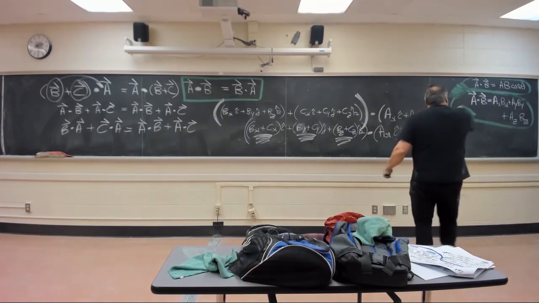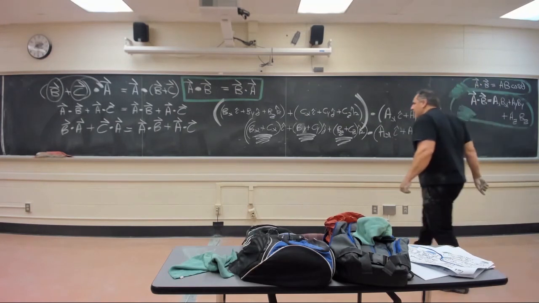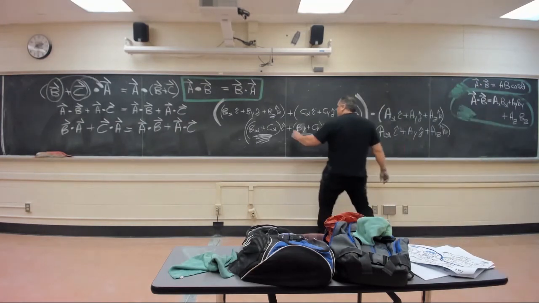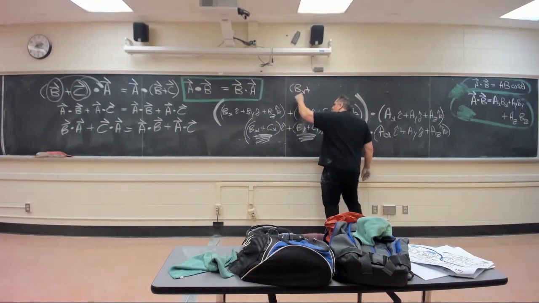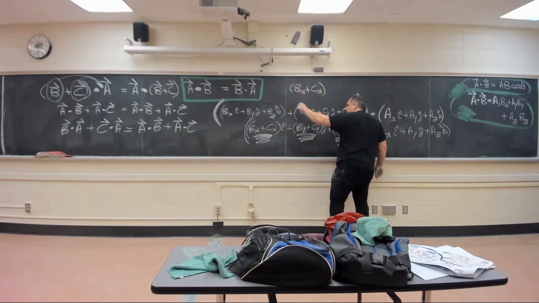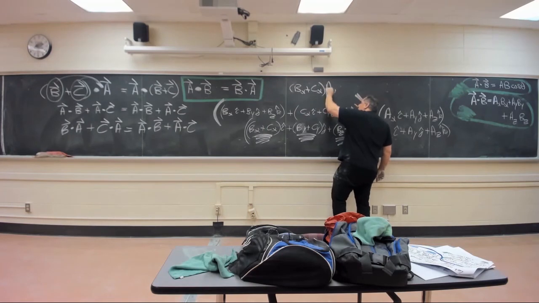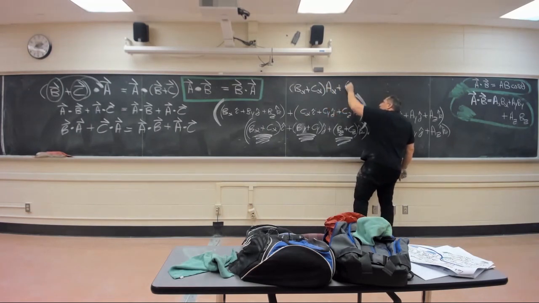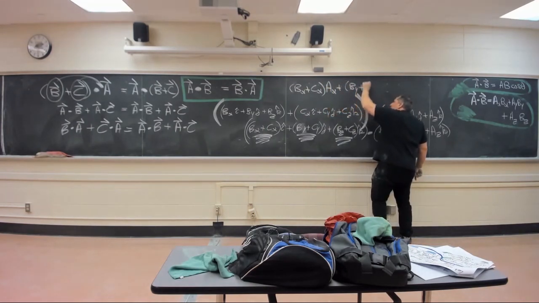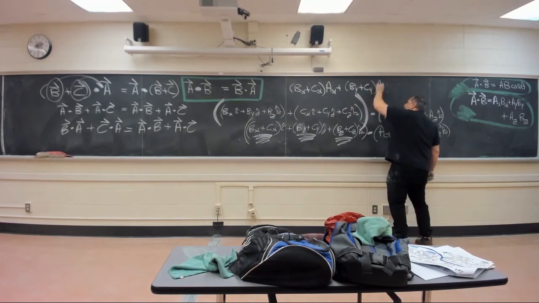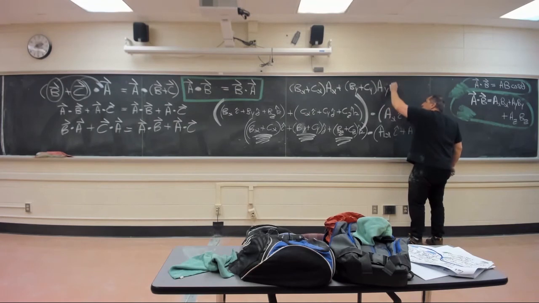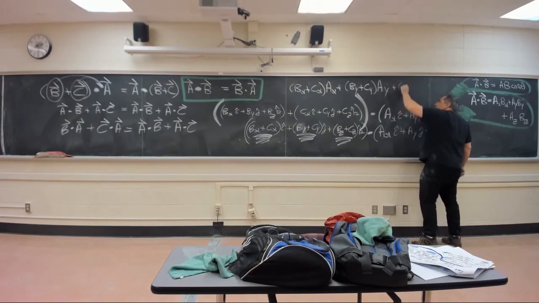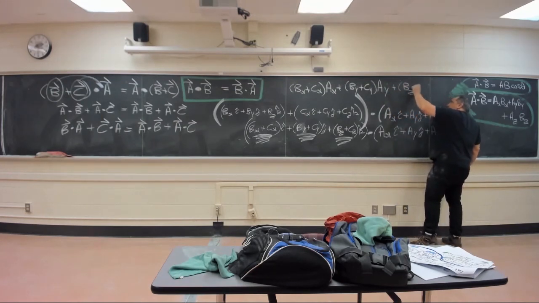Do the dot product as you know how to do the dot product. What's going to end up happening is you get Bx, Cx times the Ax, By, Cy times the Ay, Bz plus Cz times the Az.